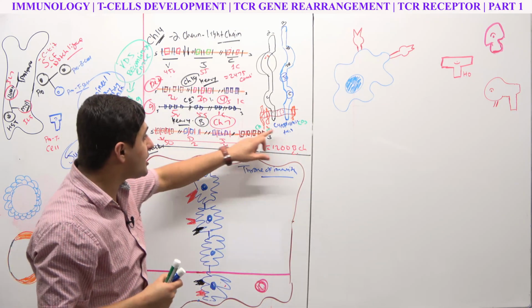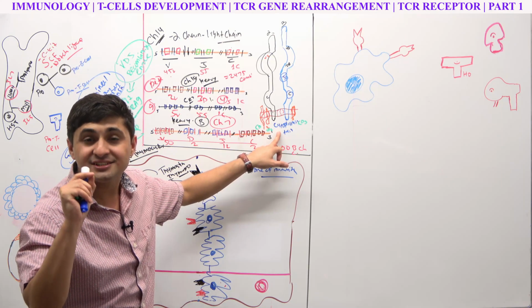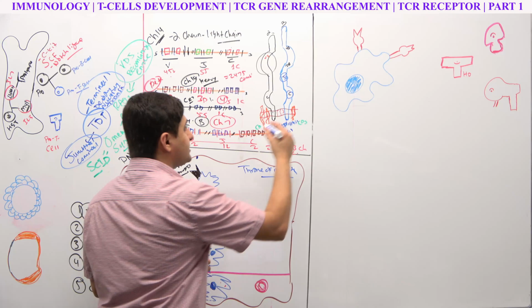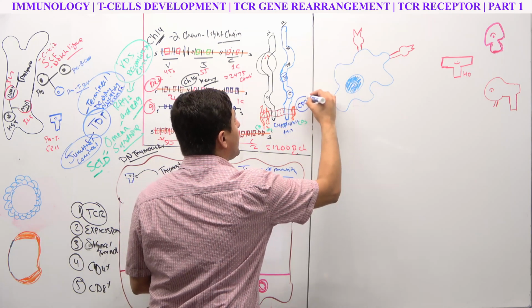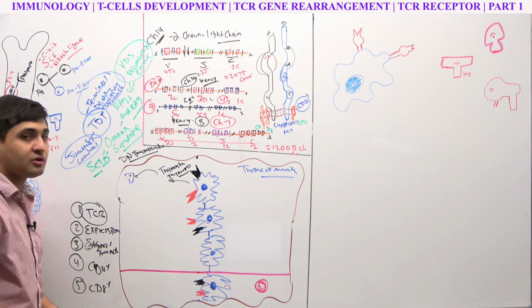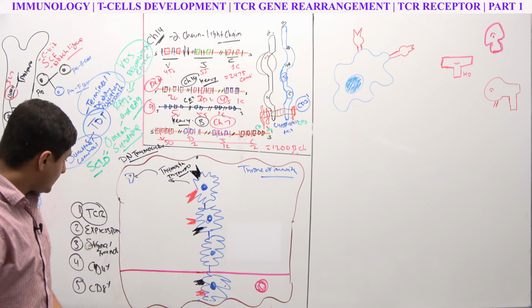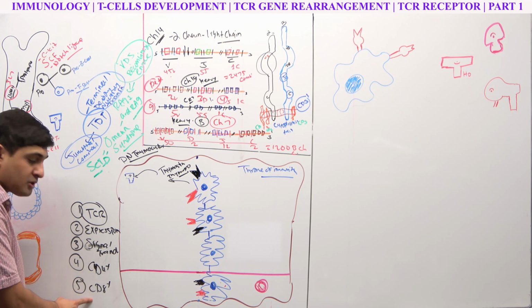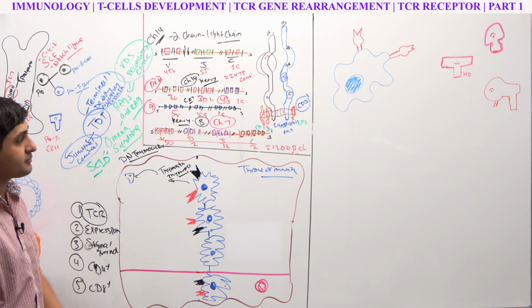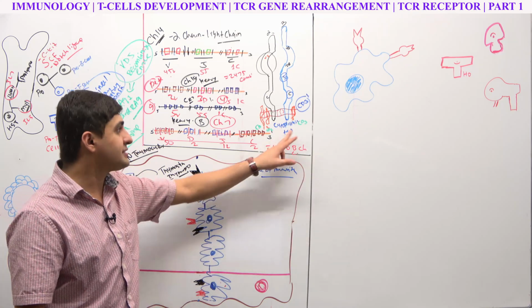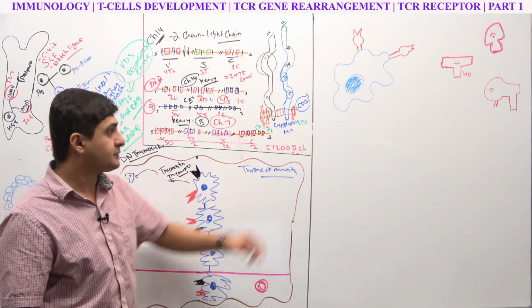Because 3 are present, these signal transduction molecules, we call them CD3, all right? CD3 positive. That is the reason why all the T cells have something called CD3 positive. Even if it's a CD4 positive or CD8 positive cell, they're all going to show CD3 positive. All right? This is how we call them CD3, all right?